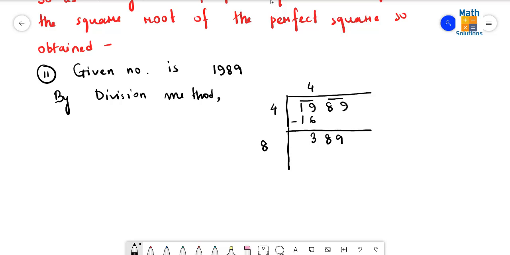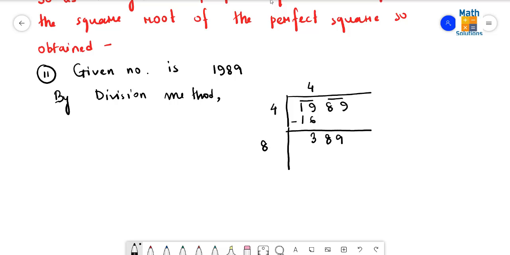After this, what is to be placed so that the result will be a number nearest to 389 but less than it? We already understood that 1989 is not a square number, because a particular number is to be subtracted from 1989 so as to get a perfect square.